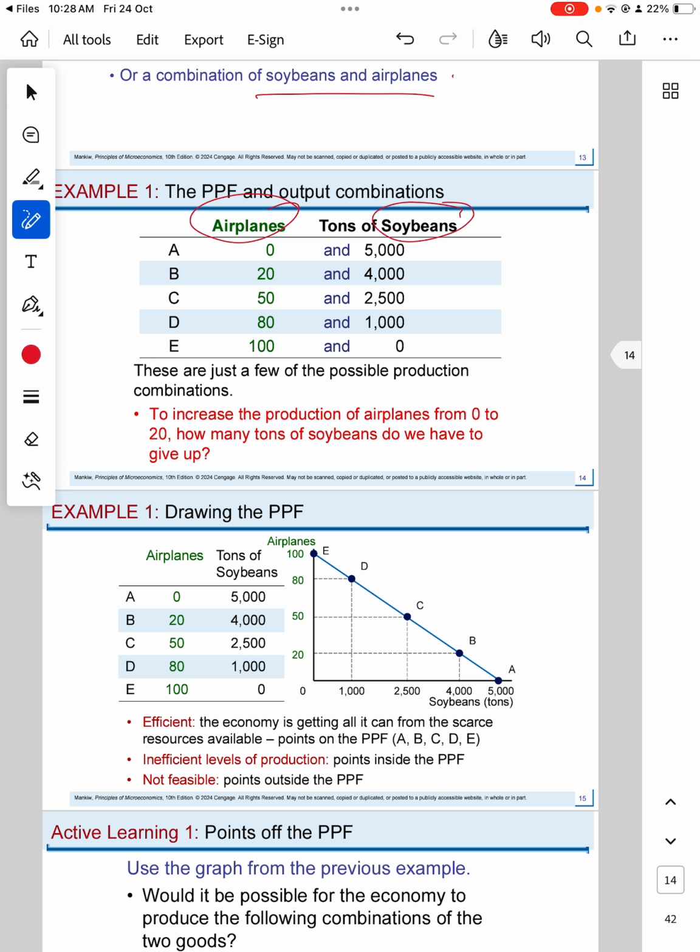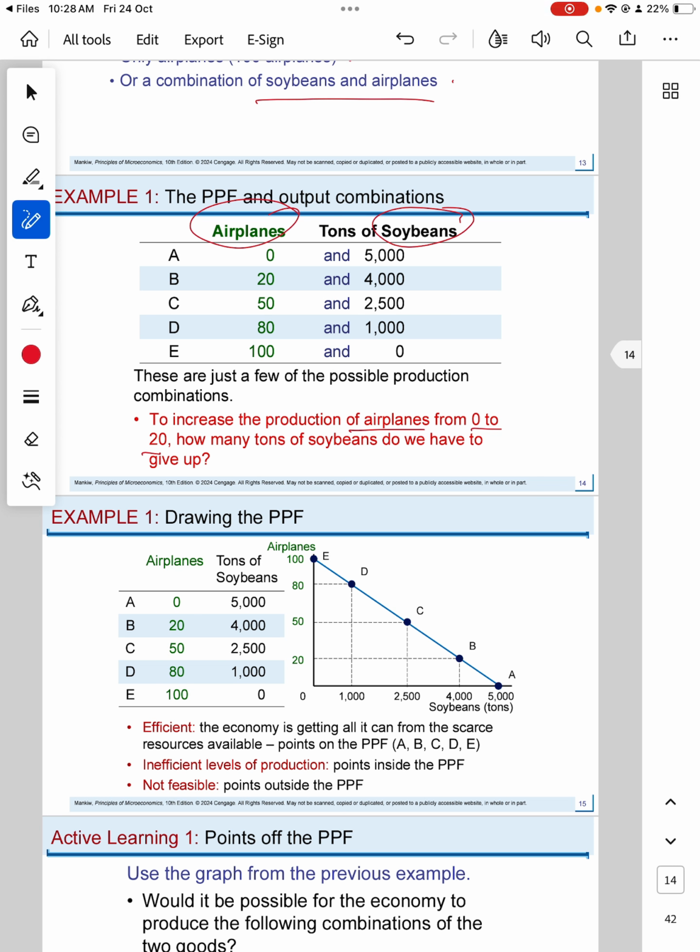To increase the production of airplanes from 0 to 20, how many tons of soybean do we have to give up? How many soybeans do we need to sacrifice in order to have 20 airplanes?